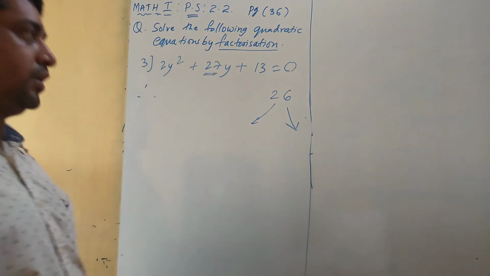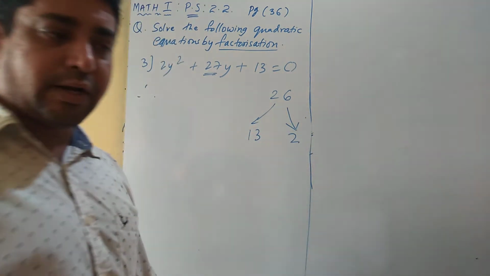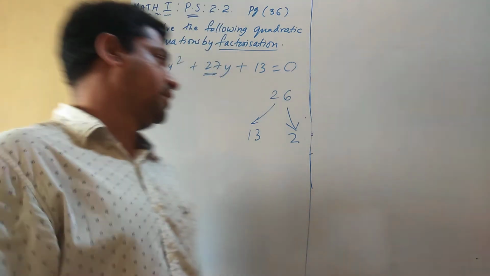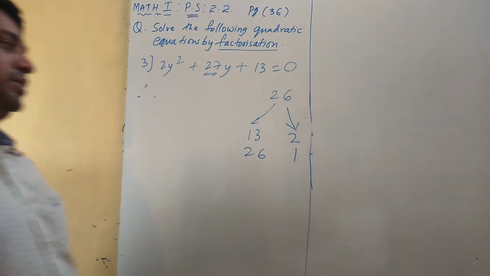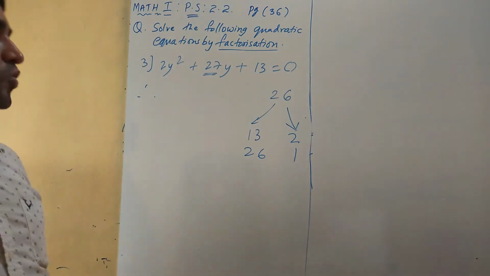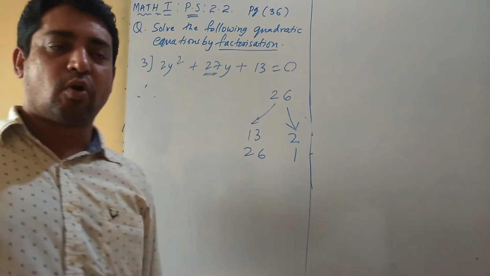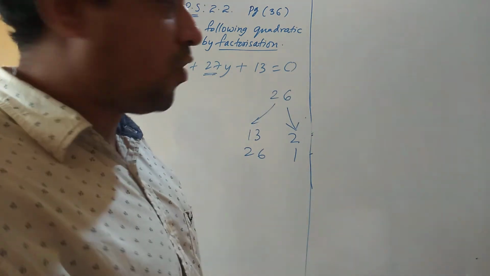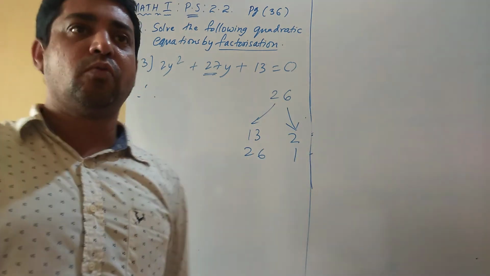Let's check. 13 two times is 26, and 26 one time is 26. Only two options. Here the signs are both positive, so there is no problem to check the sign at all. Both the numbers will be positive only.